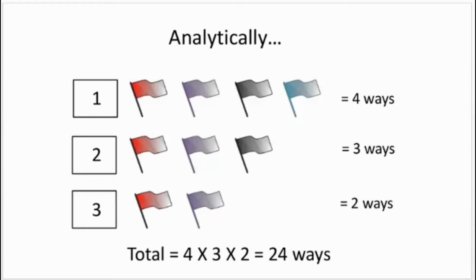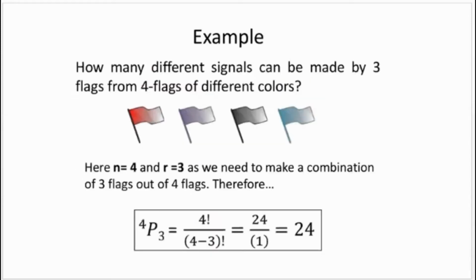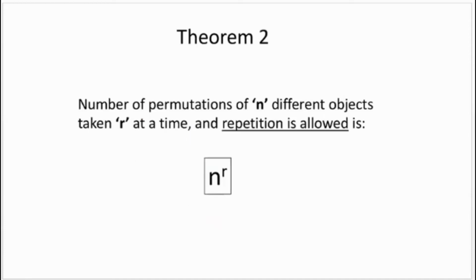This is the thing illustrated in the example, in the formula. We can simply put in the formula and get the result, right? In this case, up to now, when we are using a flag, we are not using the same flag again.